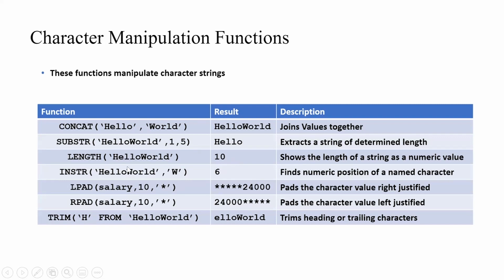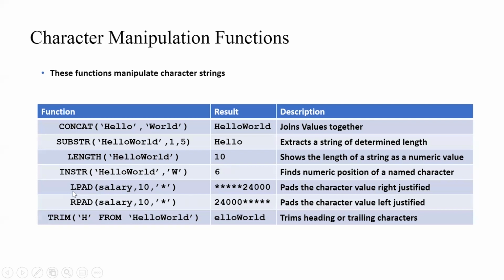So if W has occurred multiple times, it would give only 6. For example, if you have hello world here and search for O, O occurs twice. So 1, 2, 3, 4, 5: it will return fifth and not 7, because 7 is the second time O is coming. It will only return the first occurrence. It finds the numeric position of a named character.